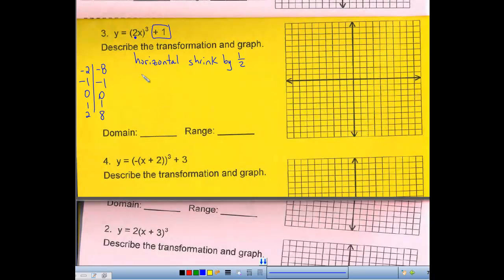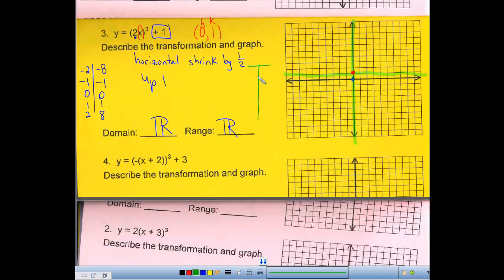Outside, we have a 1, so this is up 1 unit. Both the domain and the range are all real numbers. The original starting point is here, but where does the new graph start? Well, there's nothing with x, so that will be 0. The h is 0, and the k is 1. So this graph just moves up 1 unit.